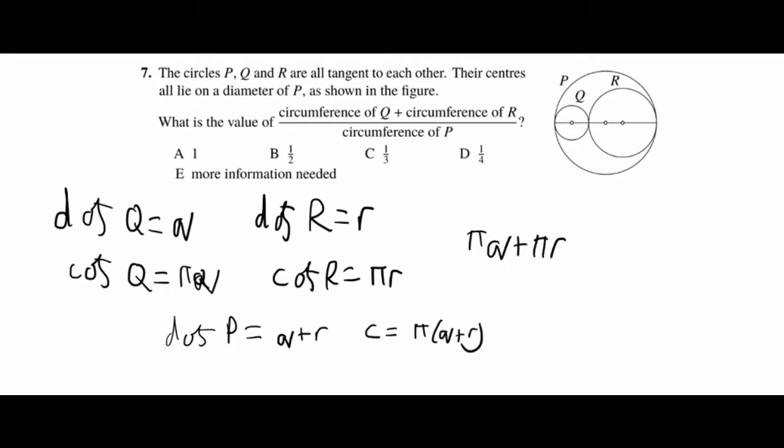And so the fraction will be pi q plus pi r divided by pi times (q plus r). And if we expand this, we'll get pi q plus pi r. And so clearly the top of the fraction is the same as the bottom of the fraction. And so this must be equal to 1. And so the answer is A.